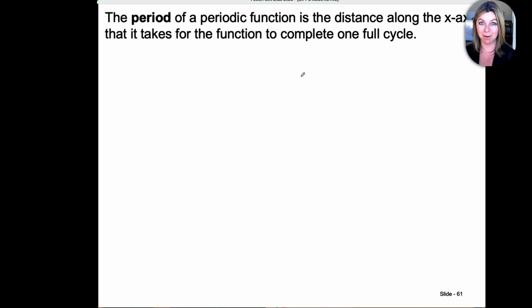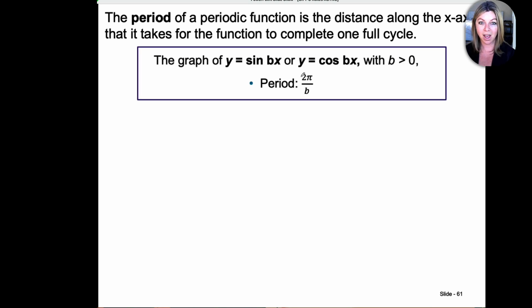Let's talk about the period in more detail. The period of a periodic function is the distance along the x-axis that it takes for the function to complete one cycle. The graph of y equals sine bx or y equals cosine bx with b greater than 0 has a period of 2 pi over b. Okay, for our parent function, b was equivalent to 1.